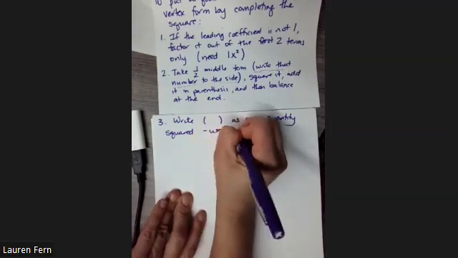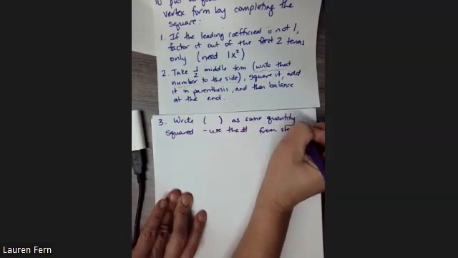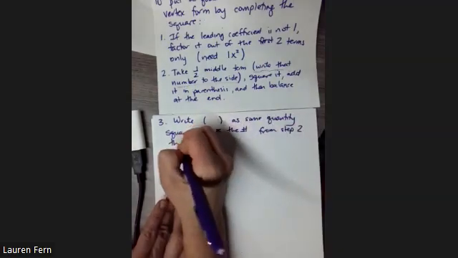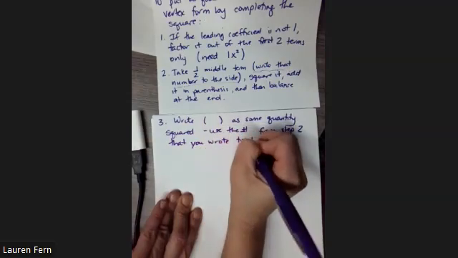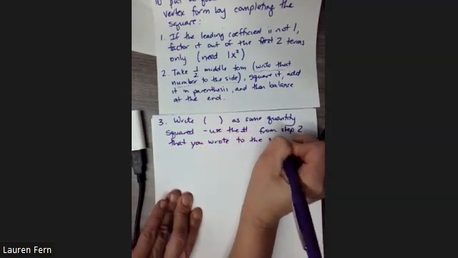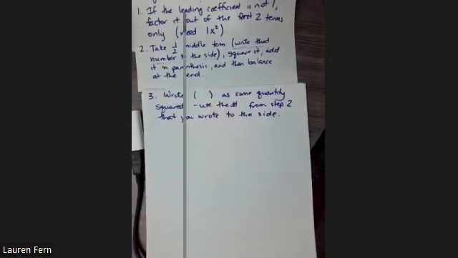So use the number from step 2 that you wrote to the side. Okay, I totally get that this just seems like abstract nonsense. Bear with me. Let's go through several examples.